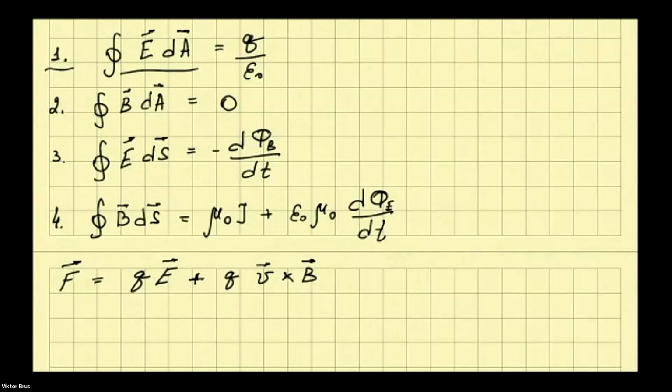Now, equation number 2. This is actually the same Gauss law, but applied to magnetic field. So it tells us that the magnetic field flux through any closed surface is equal to 0. Regardless of anything, it should be equal to 0.